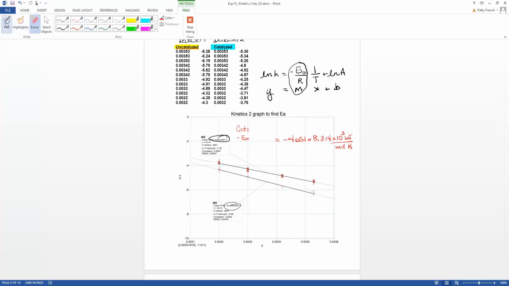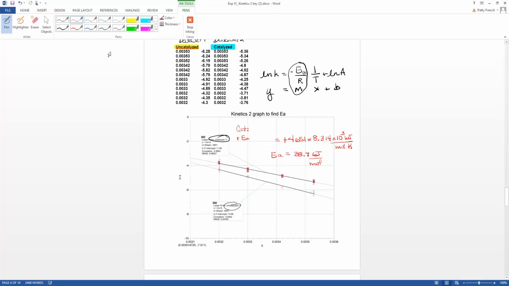I found my activation energy to be, first of all, those negatives canceled, didn't they? EA equaled 38.7 kilojoules per mole. That should just be kilojoules per mole because this slope's units are actually 1 over Kelvin.